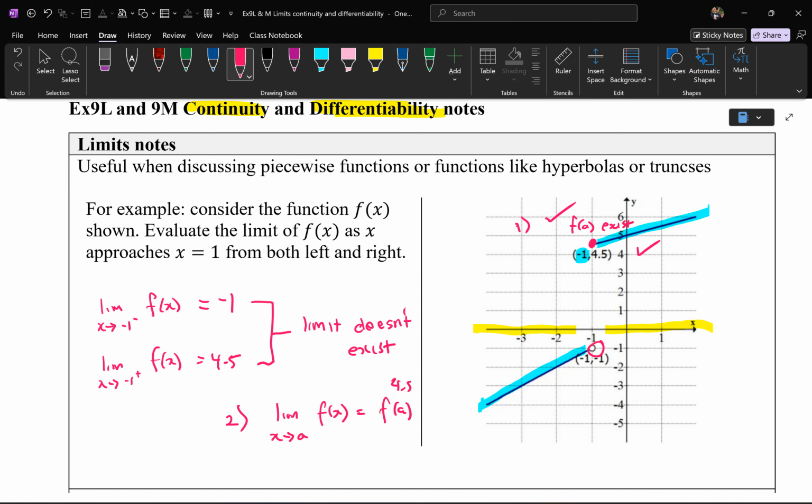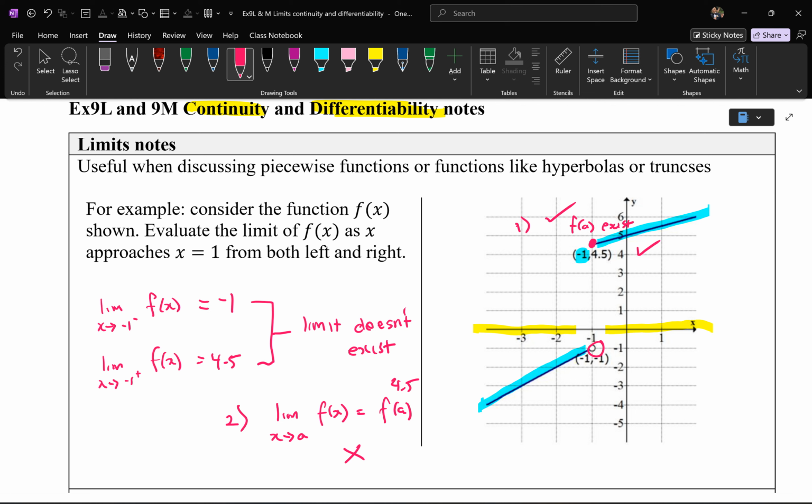So we need it to be 4.5, but it's not 4.5 on both ends. So that's why it doesn't meet condition 2, and you say it's not continuous. Okay, that's the formal definition. So if you were to prove it in an exam and they said, justify your response why it's not a continuous function at x equals -1, these are the conditions you have to start writing through.